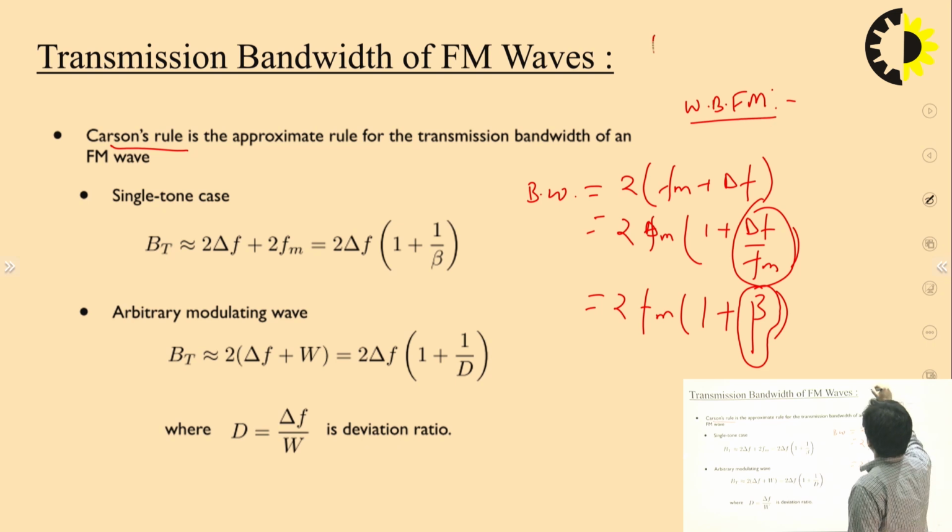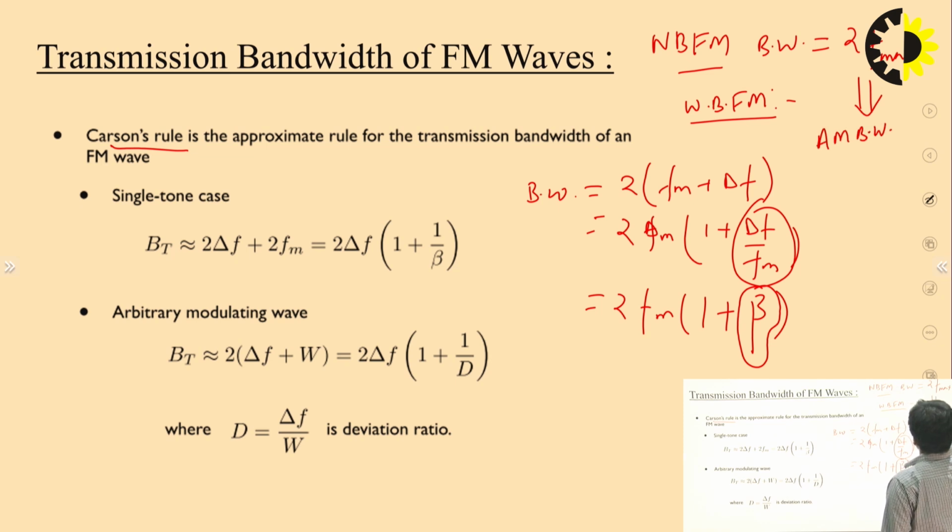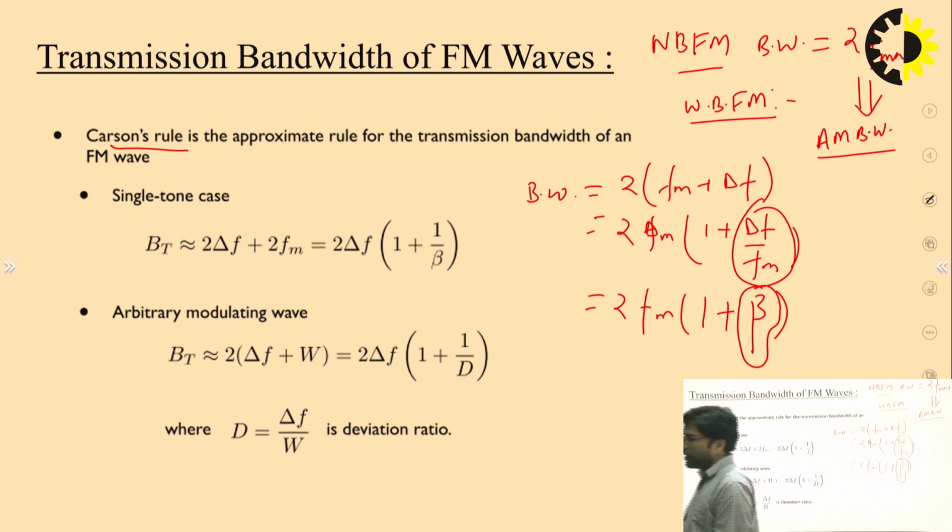For narrowband FM, the bandwidth is always equal to 2 times f_max, which is nothing but the AM bandwidth. So narrowband FM is equivalent to the AM bandwidth.